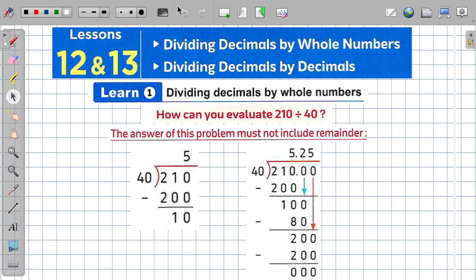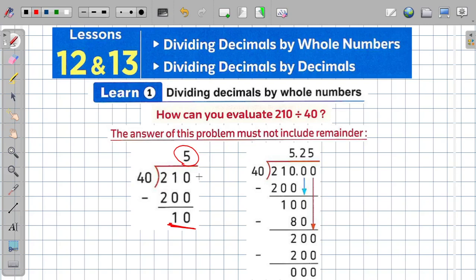Let's first try with this example. I have 210 divided by 40. And if we try the normal algorithm of division, we will stop with 10 as a remainder and 5 as a quotient.